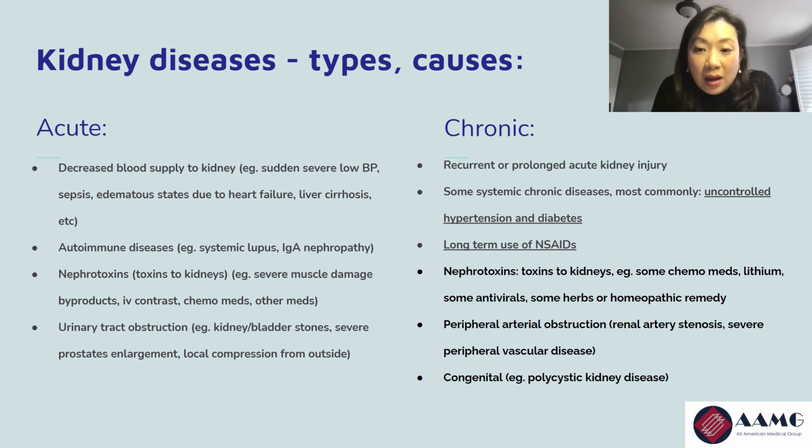Or a person with vascular disease, meaning they have multiple large and small artery blockages, such as renal artery stenosis, a blockage of the blood vessels feeding the organs, can cause chronic kidney injuries. And there are some congenital causes. Polycystic kidney disease is a large one, because of genetic defects in a person.